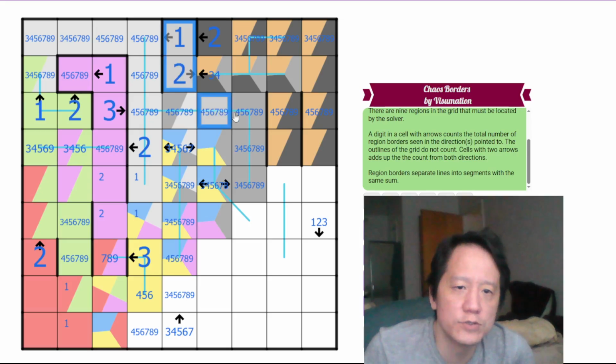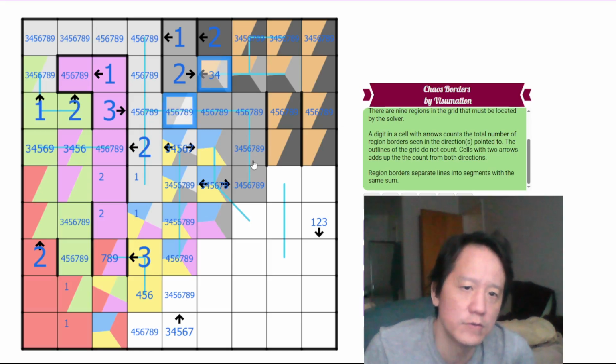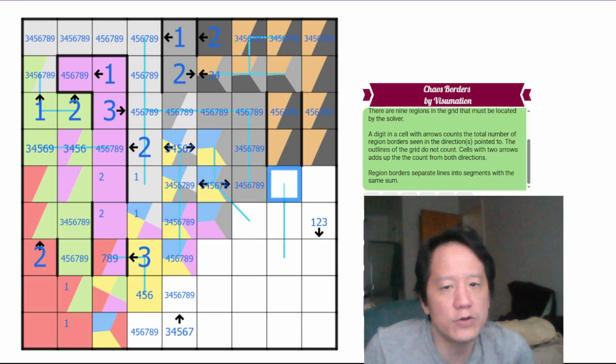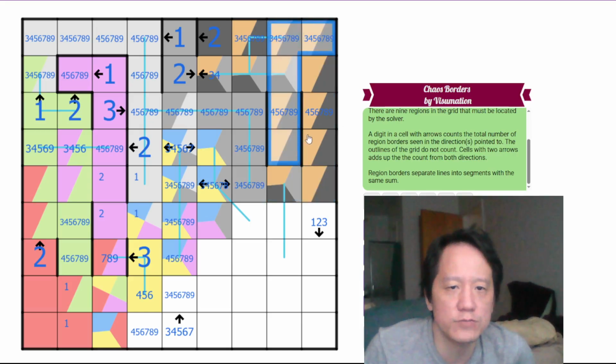So we have 1, 2, 3, 4, 5, 6, and one of these is 7. Could be both. Gray could go over to here, and it obviously could be orange or dark also. This is orange or dark. It cannot be gray because that would block both of these regions, which is not possible.